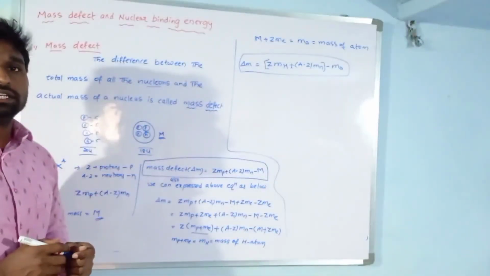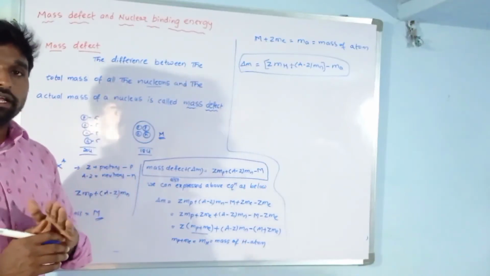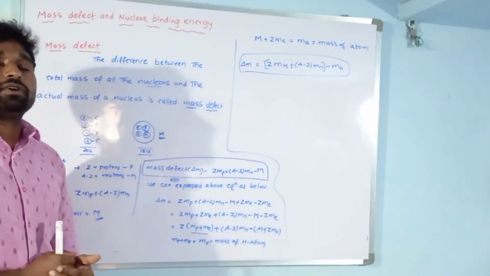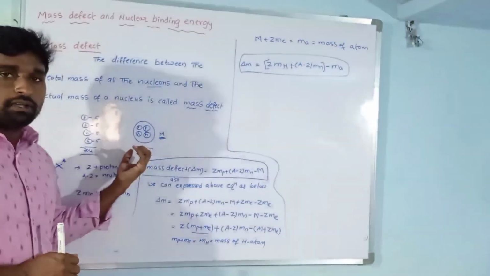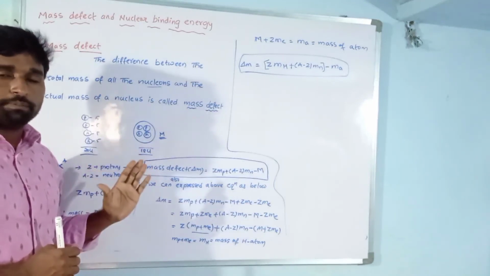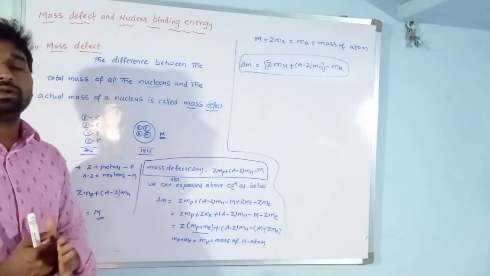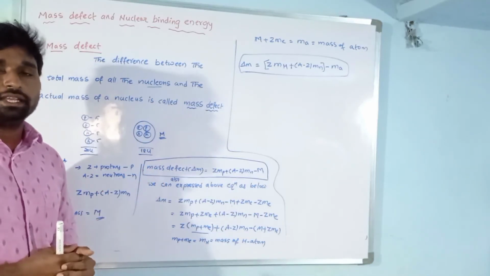Mass energy equivalence means mass can be converted into energy and energy can be converted into mass. Here some of the mass has disappeared, and the disappeared mass is converted into energy. That energy is called binding energy.